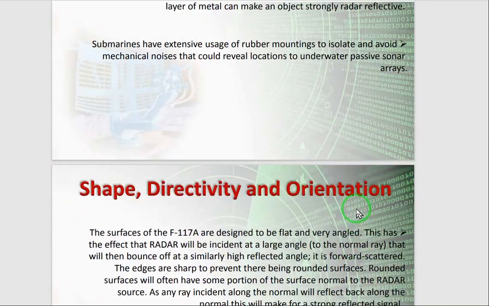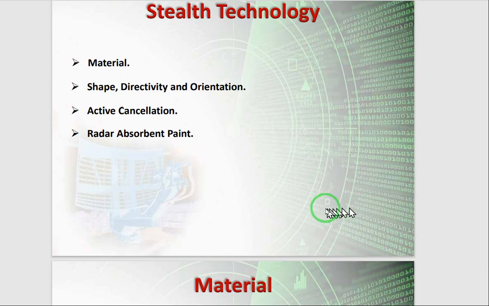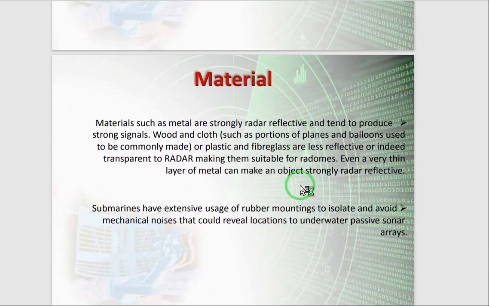Then the second main component of stealth technology is the shape, directivity, and orientation.